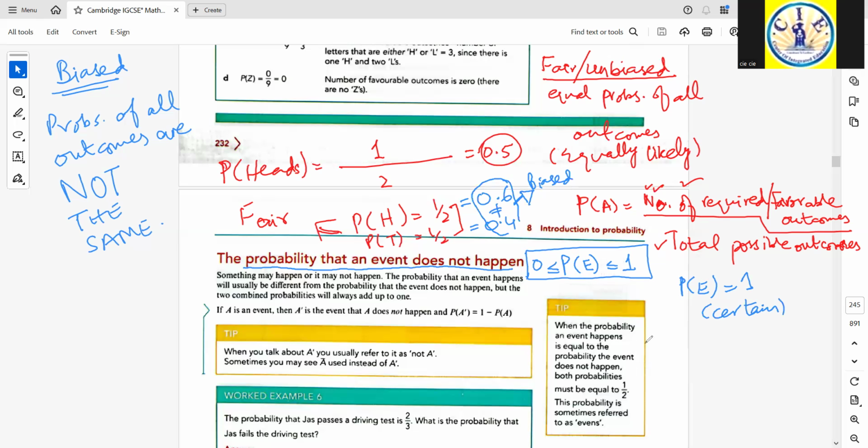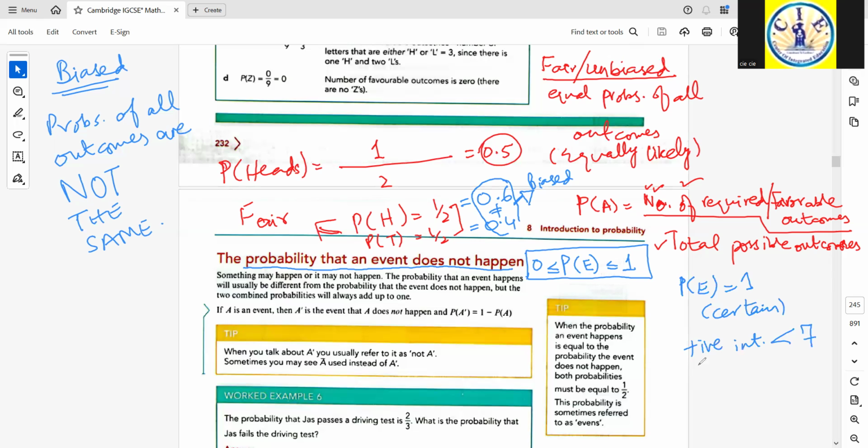Like for example, when you roll a dice once, what is the probability of getting a positive integer less than 7?